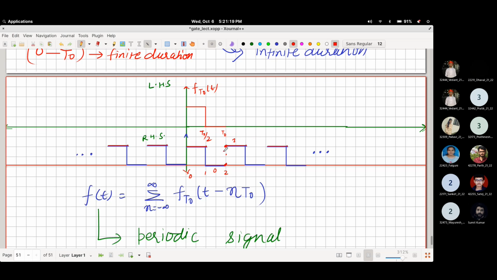I cannot draw that properly, so I will show you some simulation or something like that.